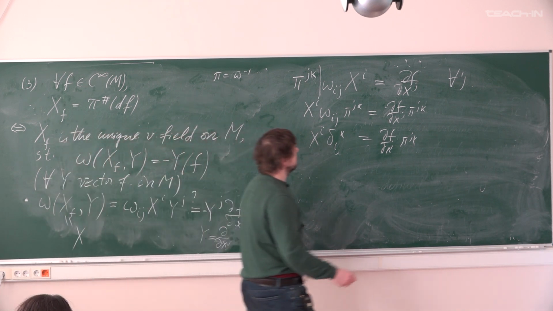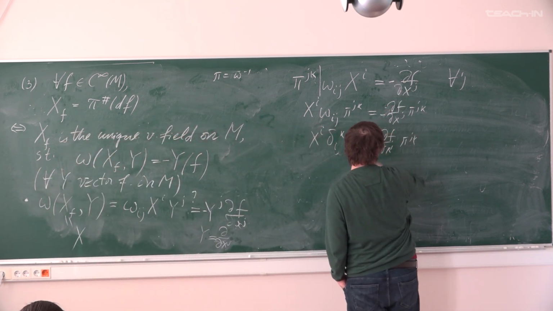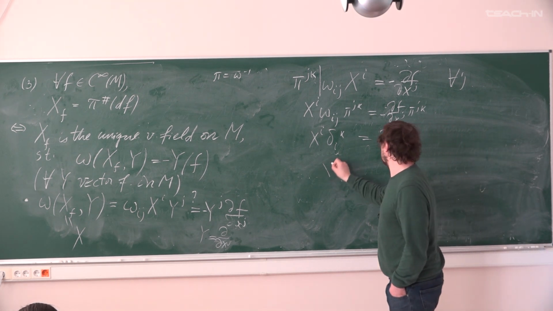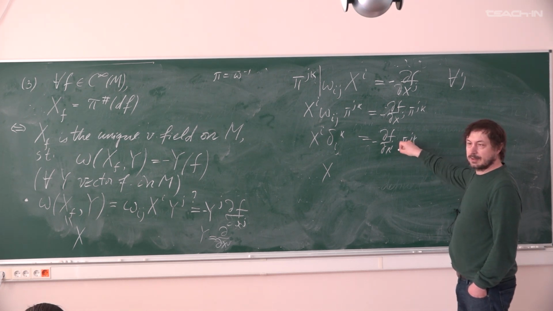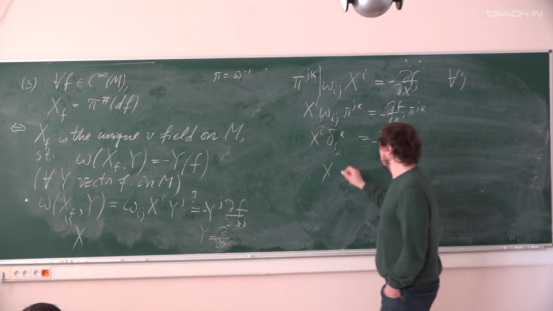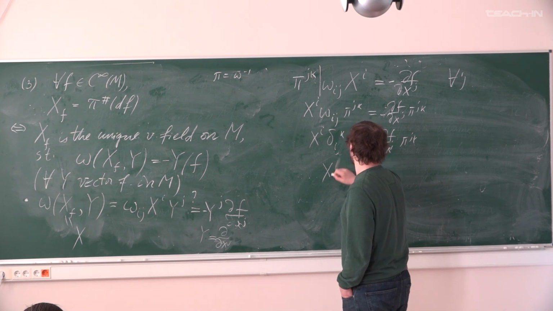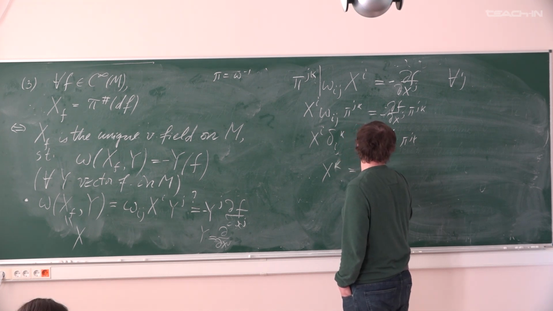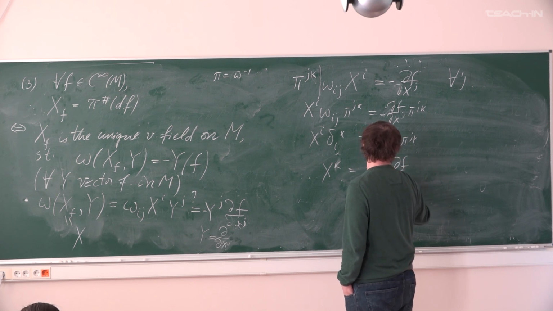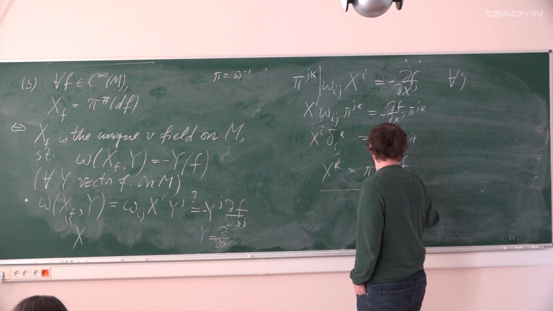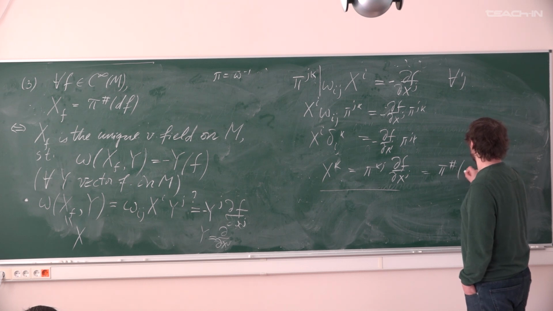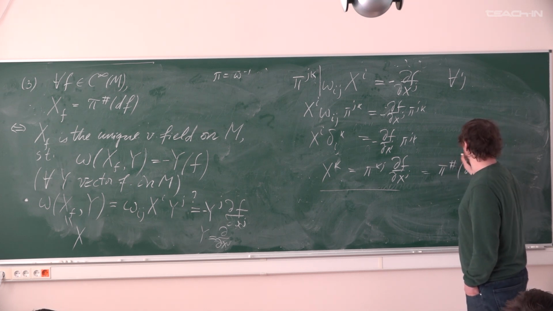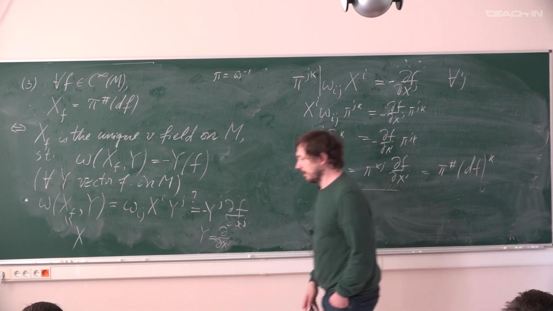And this shows that this minus sign allows us to change the order of these indices and get just that xk is equal to pi kj df dxj. That's all. And that's precisely pi sharp, I believe, of df at k.